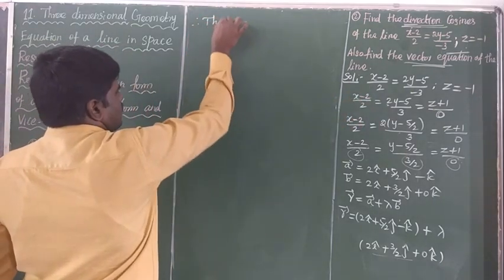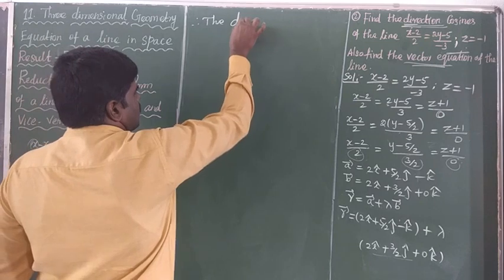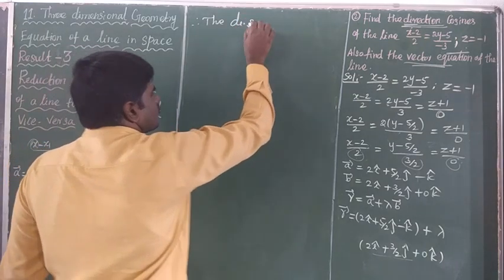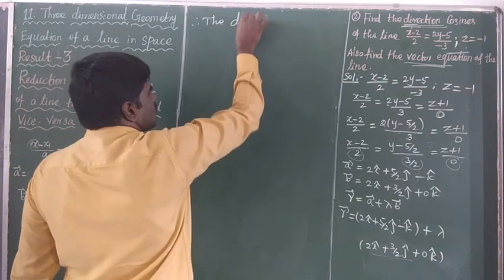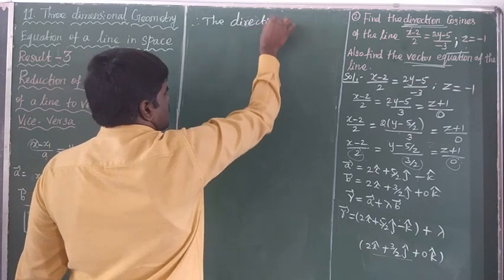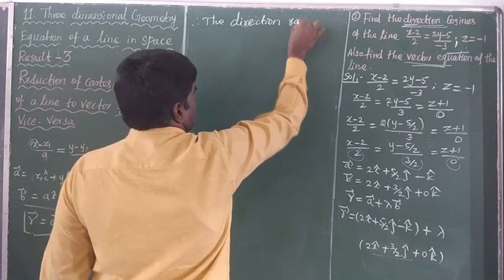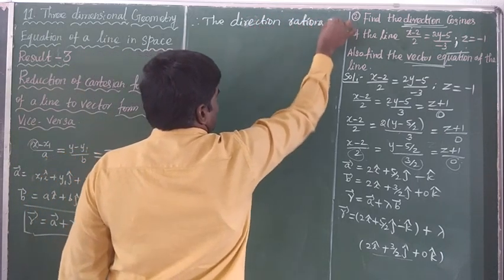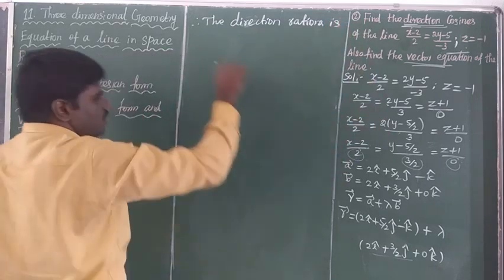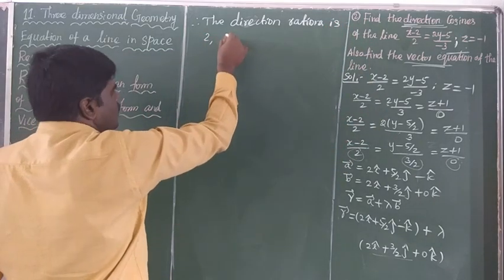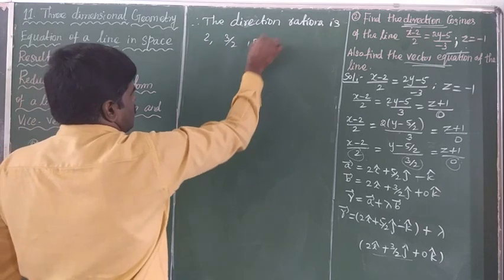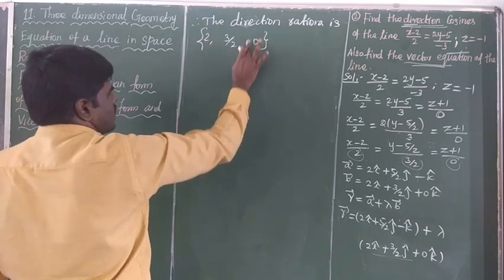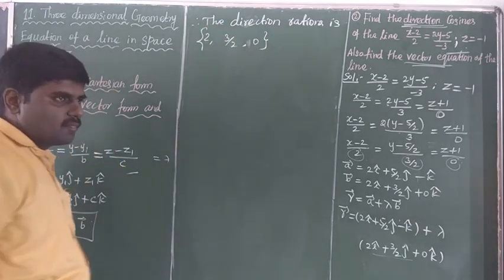The direction ratio is 2, 3 by 2, 0. Okay, this is the direction ratio of the given problem.